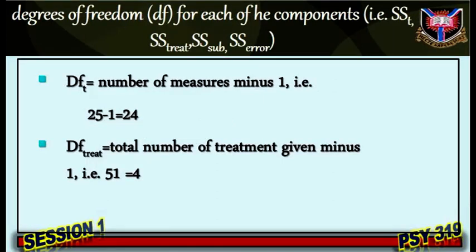Compute the degrees of freedom, DF, for each of the components: SST, SS treat, SS subject, SS error. DFT is equal to the number of measures minus 1, that is 25 minus 1, equal to 24. DF treat is equal to the total number of treatments given minus 1, that is 5 minus 1, equal to 4.